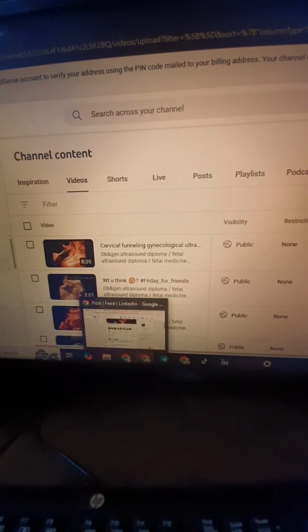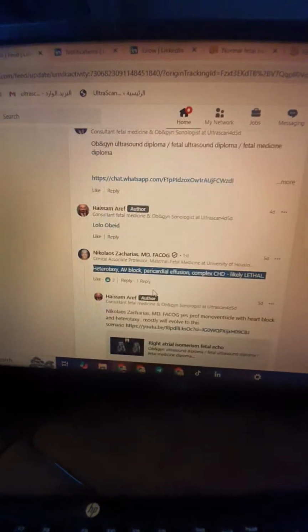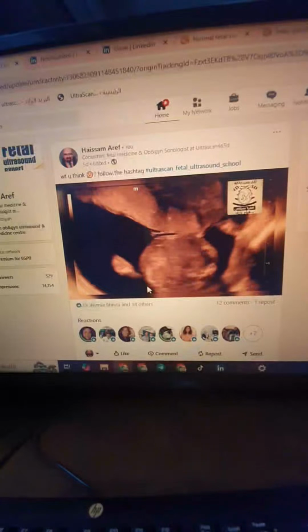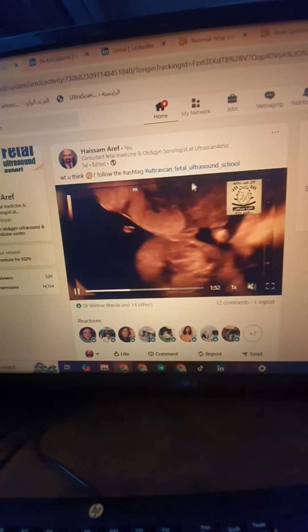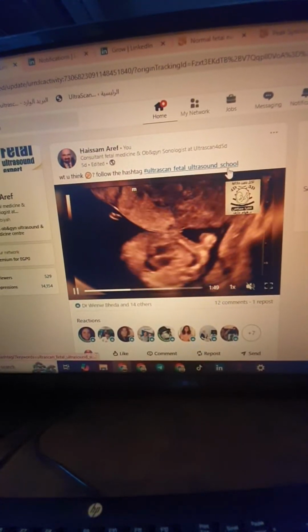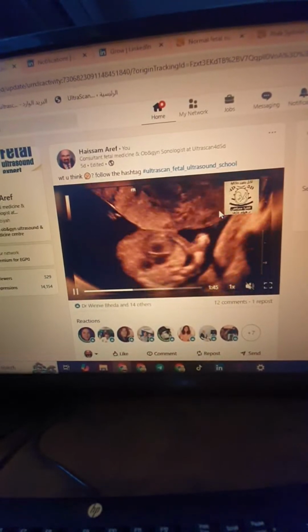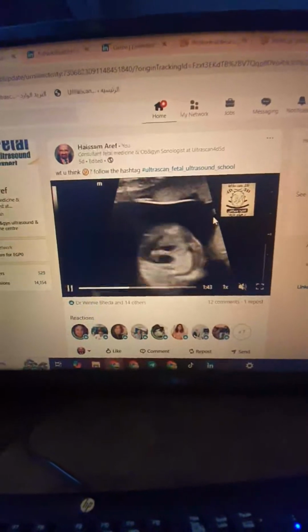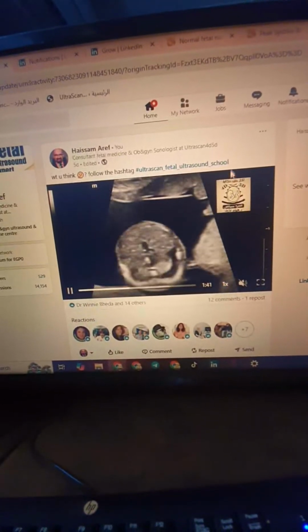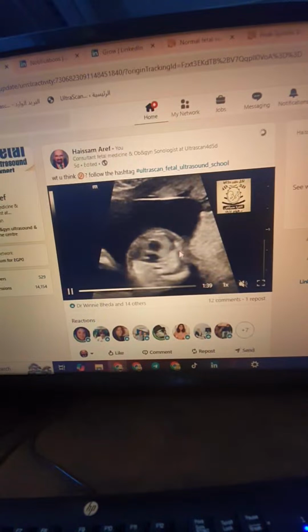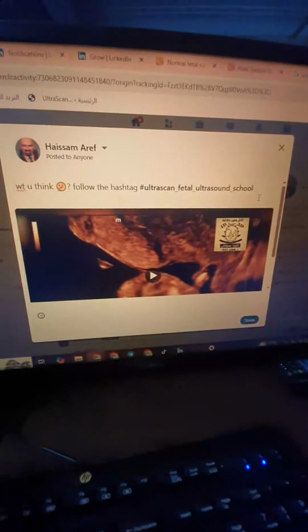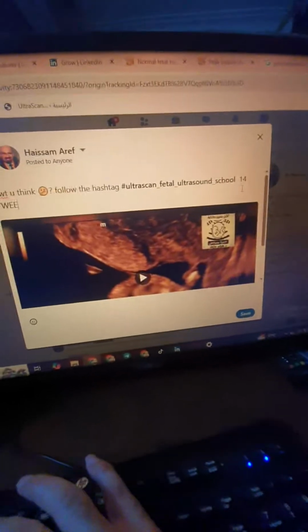Thank you to my LinkedIn friends who responded to this wonderful case, which is at 13 or 14 weeks with transvaginal ultrasound. Yes, you can spot the anomalies at this early age. Let's say a 14-week fetus.